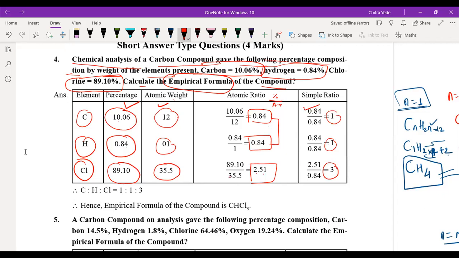That means in the empirical formula of that compound we have one carbon, one hydrogen, and three chlorine. So CHCl3 will be the empirical formula. This is the way we derive the empirical formula for given questions.